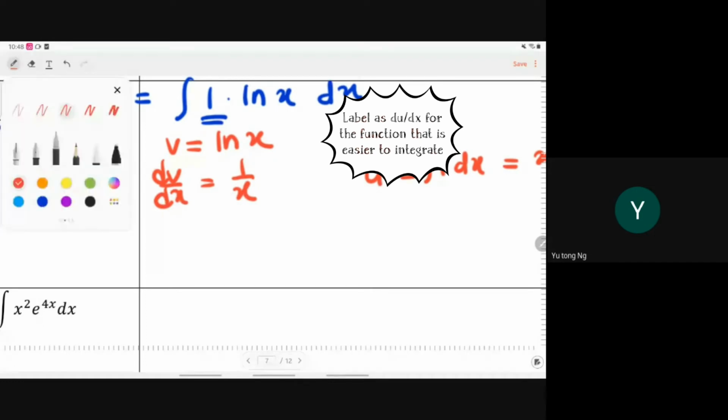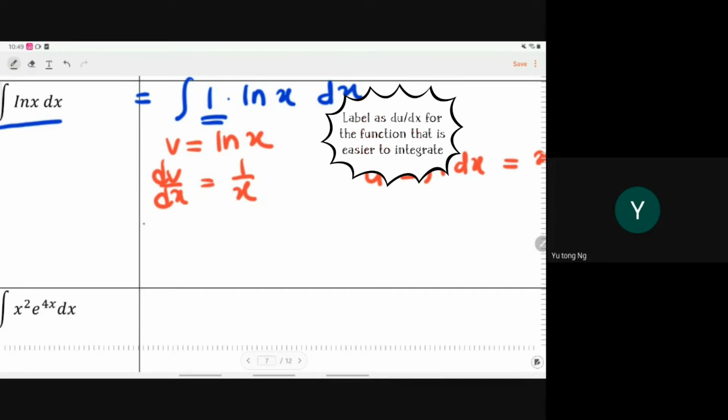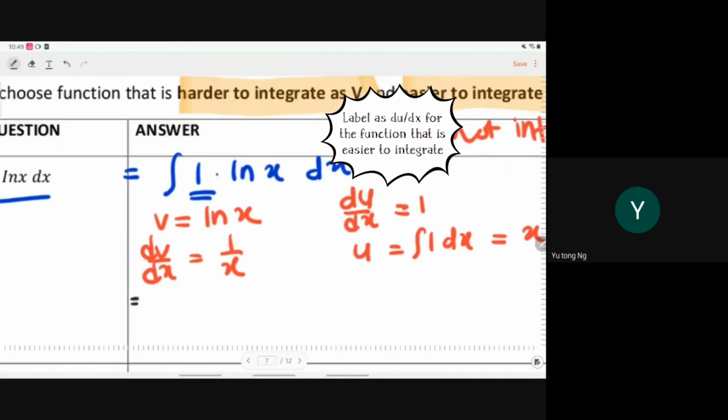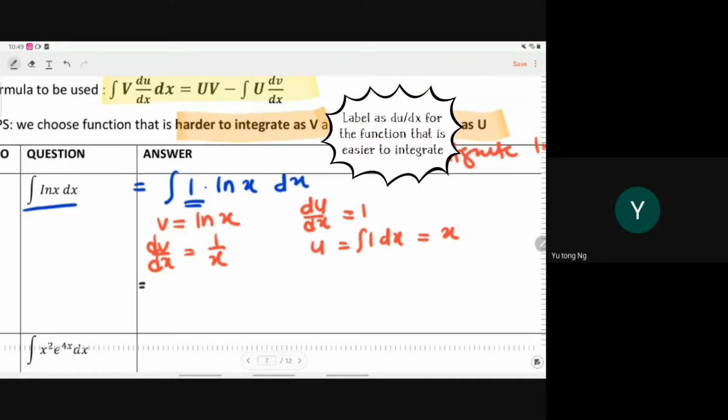So according to the equation, kita kena guna uv minus integrate u dv dx. So your u is x, and your v is ln x, minus integrate your u, which is x, and your dv over dx is 1 over x.